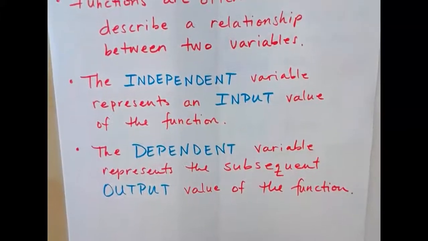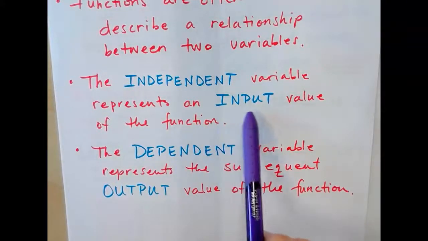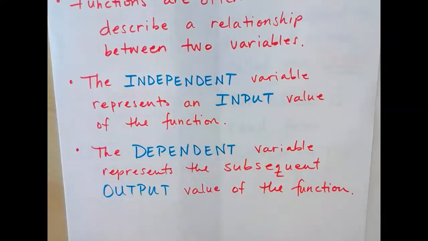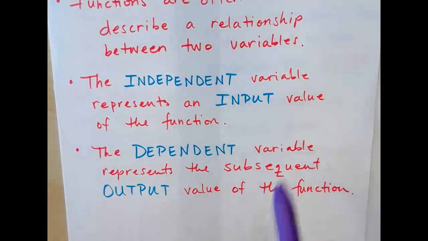First of all, we have the independent variable. It represents an input value of the function. And then we have the subsequent dependent variable. When I use the word subsequent, it means something that happens after. So we first have to have an input before we can have an output.